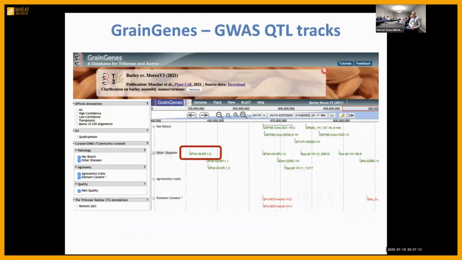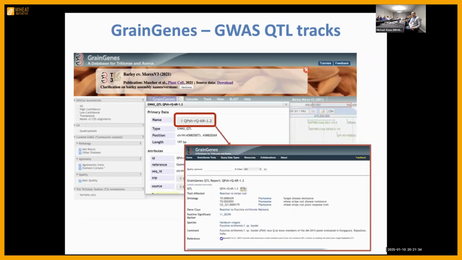Because we do have lots of genetic data, we like to integrate or link genomic and genetic datasets. So this is one example where we have the GWAS sets and QTL sets aligned to genome browsers. So that's one track. Whenever we can, we do that.